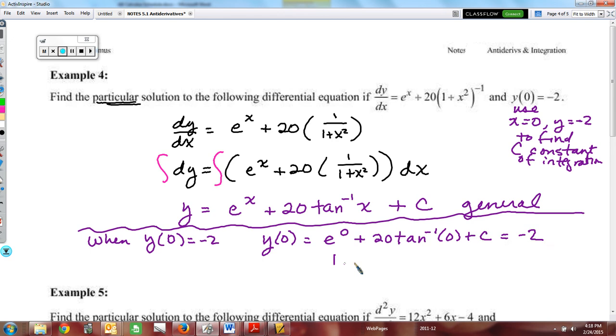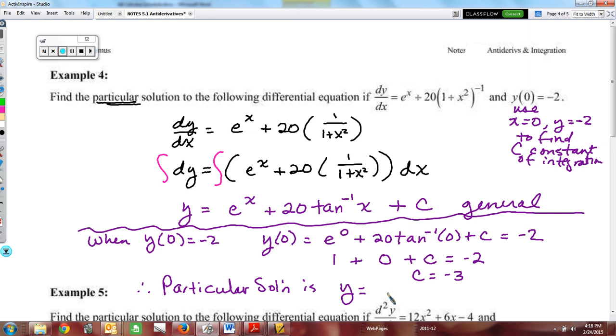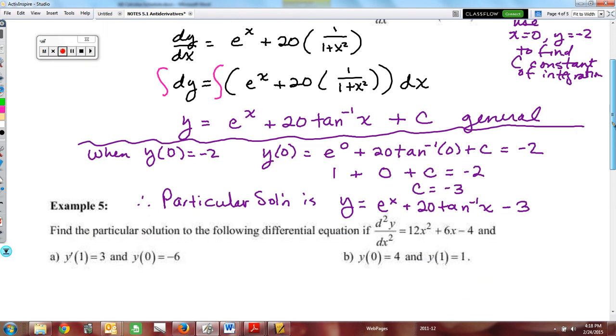E to the 0 is 1, plus the angle whose tangent is 0, so that's 0, plus c equals negative 2, so c equals negative 3. Therefore, my particular solution is y equals e to the x plus 20 inverse tangent of x minus 3. And that's how we work these separable differential equations.